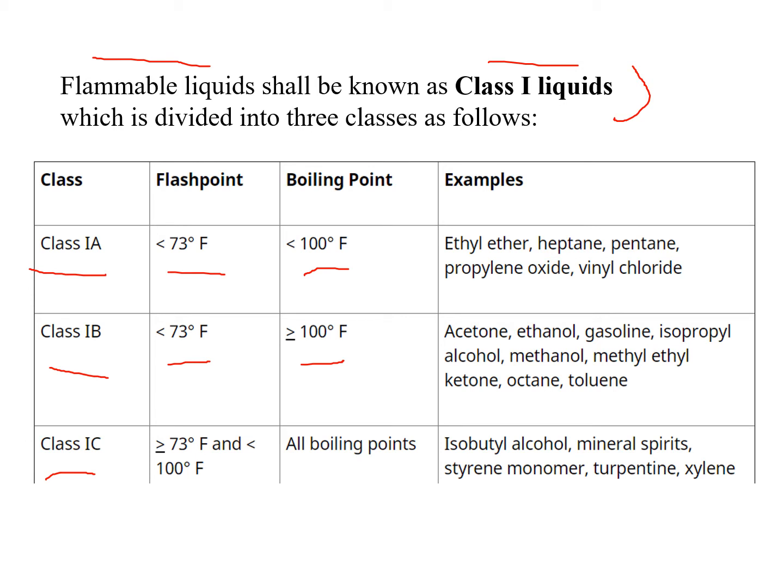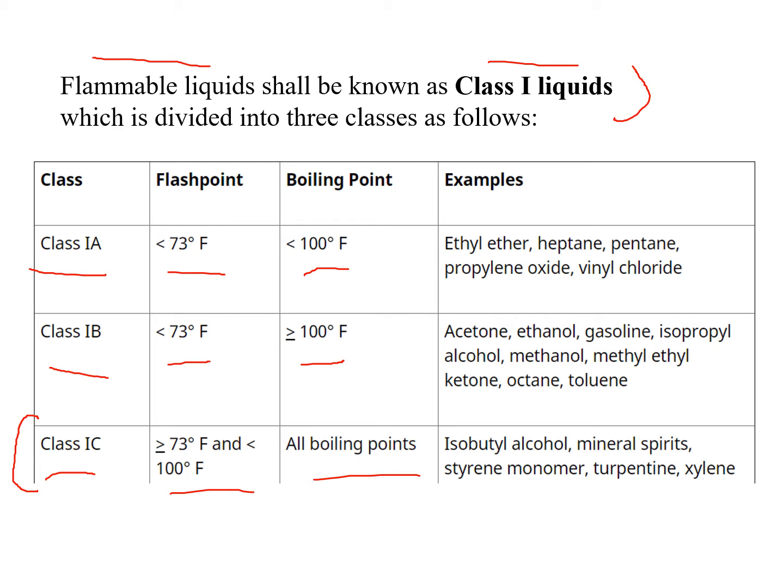Whereas the flammable liquids that fall under Class 1C have a little higher temperature range, equal to or greater than 73 and less than 100 Fahrenheit, and they have higher boiling points, so they are more stable.